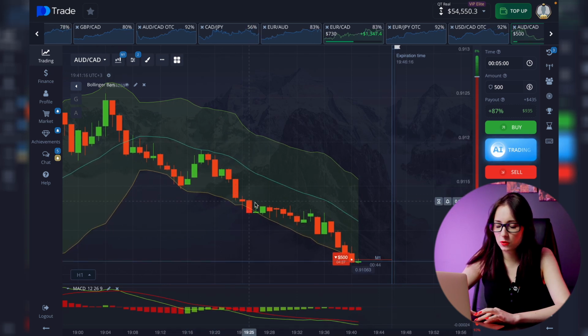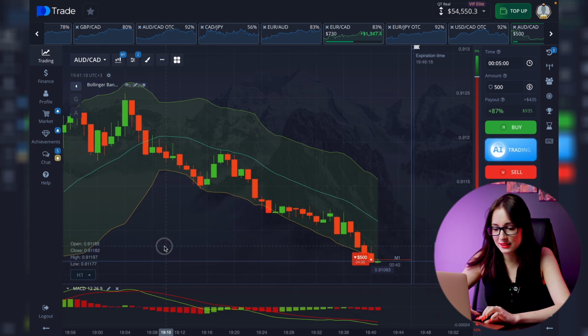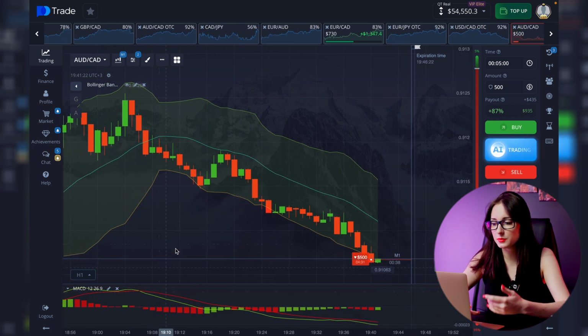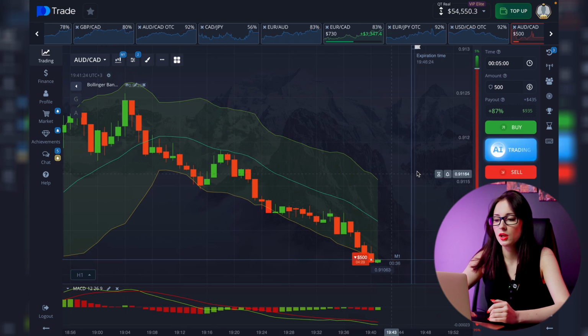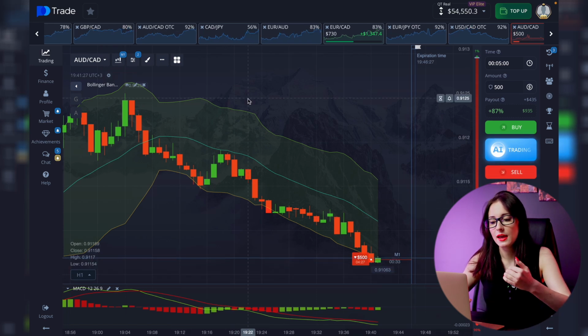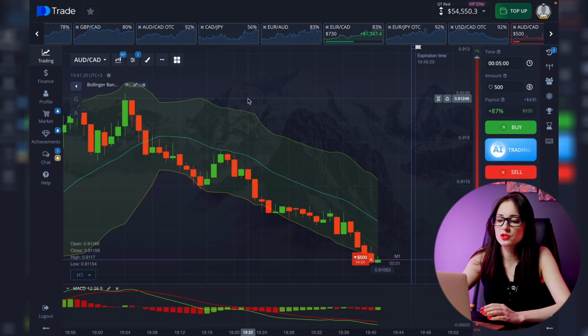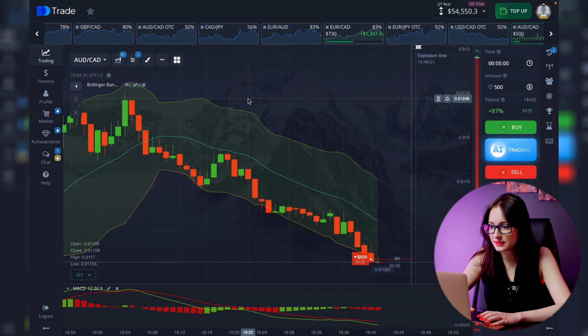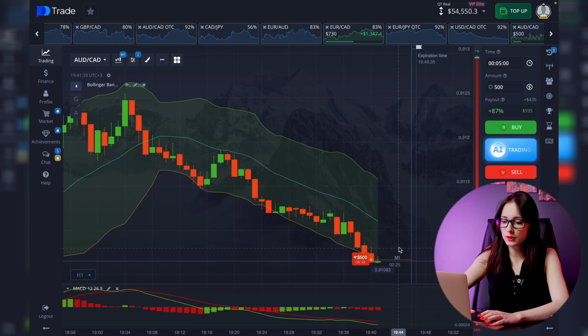And of course, this is also confirmed by a crossover of the MACD line crossing below the signal line. So both of these mean open a sell position, anticipating a price decrease and formation of a downtrend, which we already see. And I opened a trade for 5 minutes and let's see how it will go.